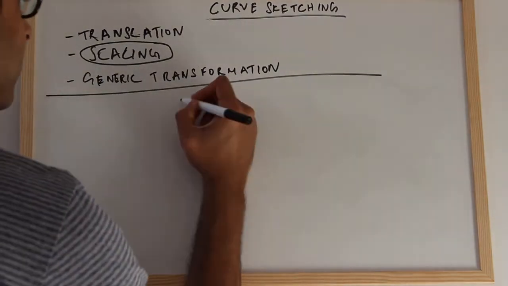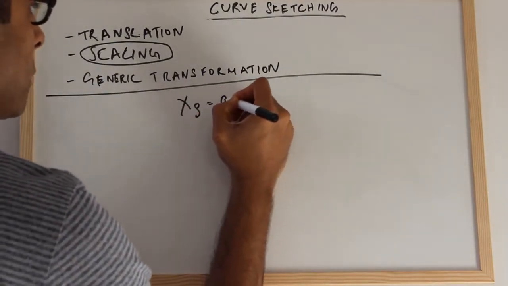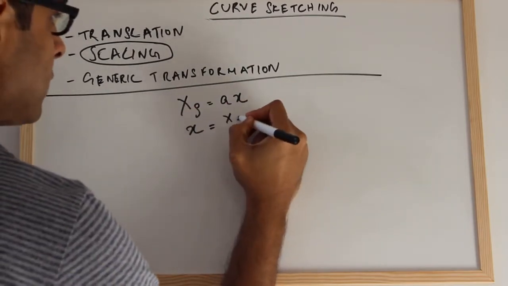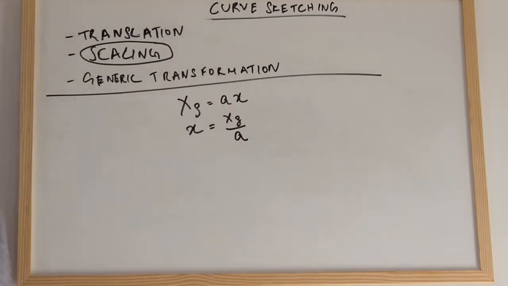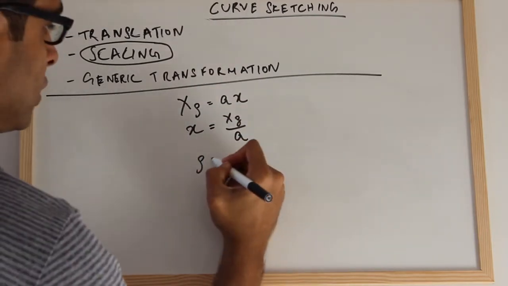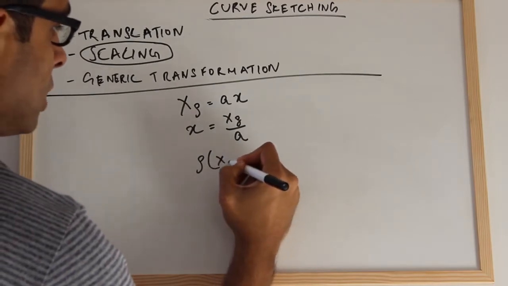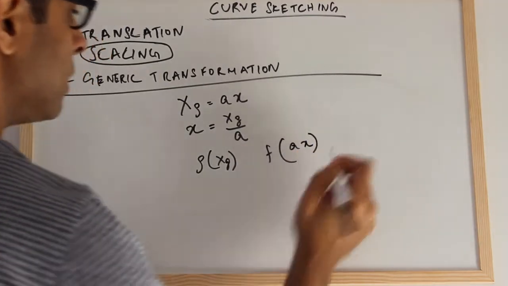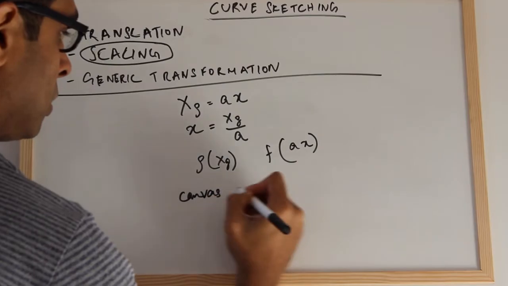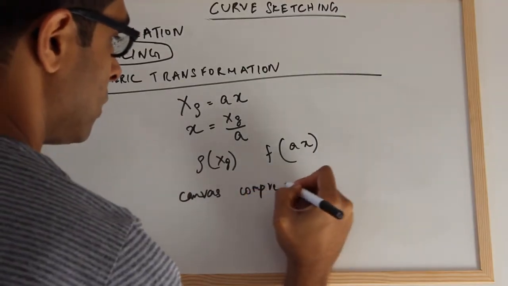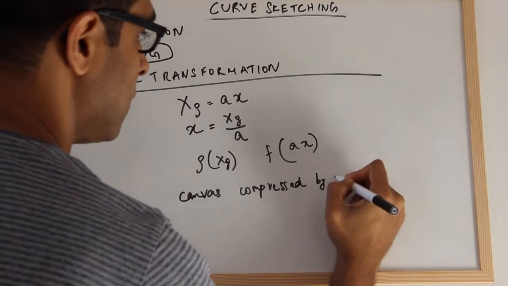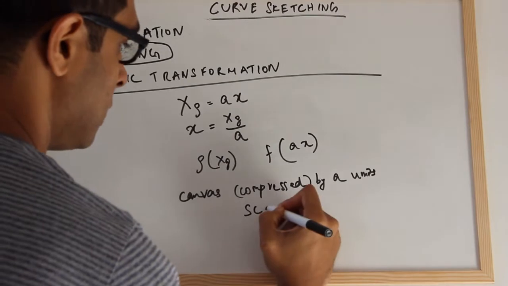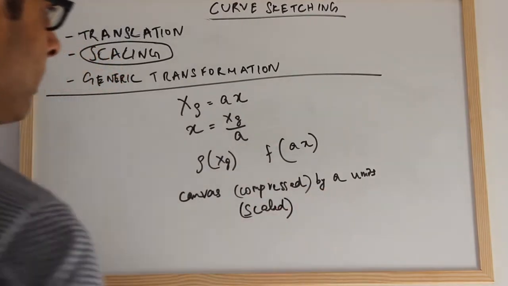This can be shown from the following equation. If we write xg is equal to ax, then our x, the plot, becomes xg divided by a. So when you plot g of xg, which is the same as f of ax, it is compressed by a units or scaled by a units.